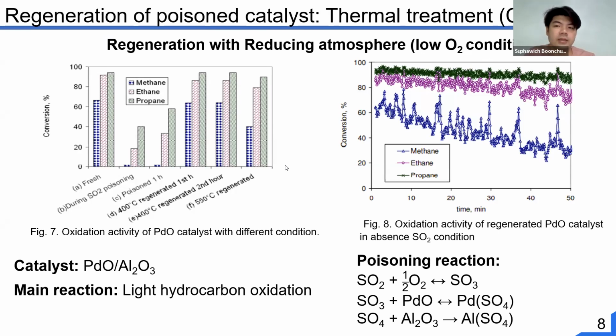That made the conversion still decrease after regeneration in the absence of sulfur dioxide condition. However, thermal treatment is very popular and easy to do, but with regeneration at high temperature, you have to be concerned about sintering of the metal site.